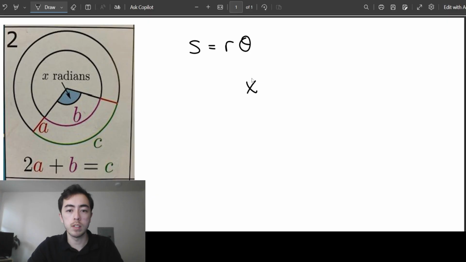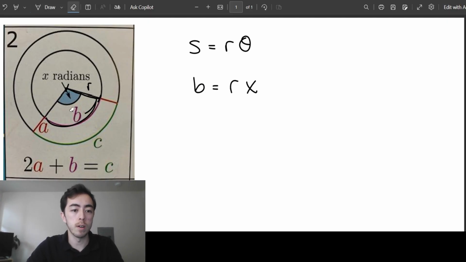So we can replace theta with x. We have 2 circles, so I'm going to use 2 different r's for their radii. I'll use little r for the inner circle, and that means that rx is going to be equal to b, because that's the smaller arc here.